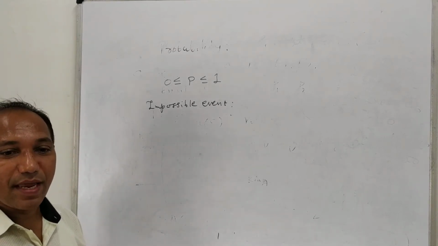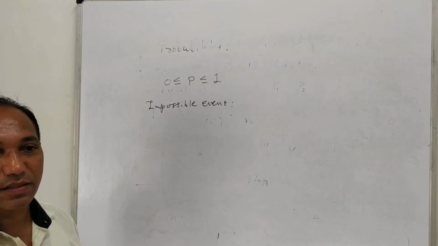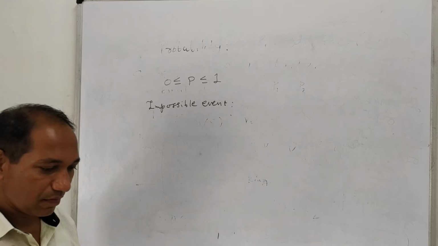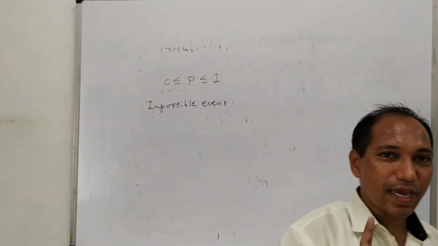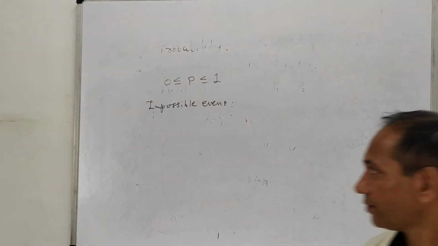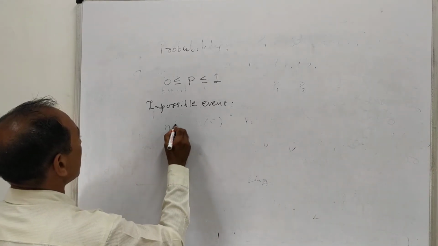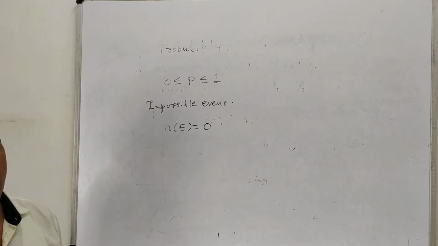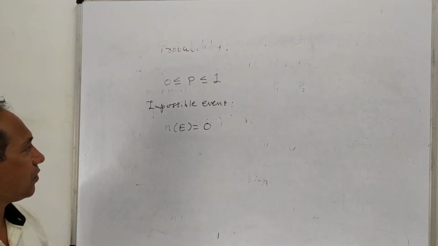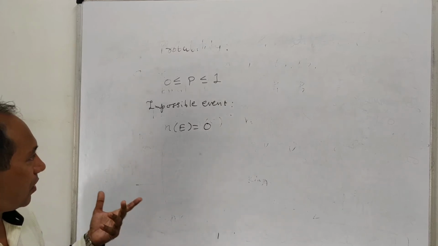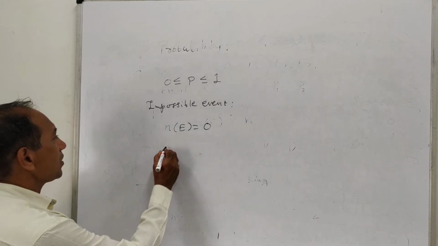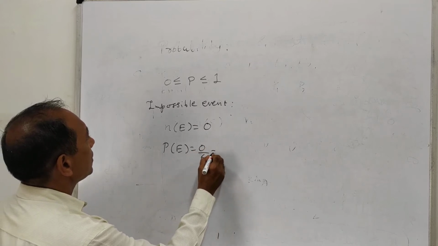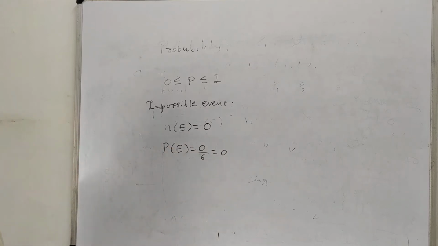But if our event is to get a number greater than 6, then we know that the number of elements in the event E will be 0 because the die contains the numbers from 1 to 6 only, so we cannot get any number which is greater than 6. So in this case, the probability of the event E will be 0 by 6. That means 0. And this event is known as an impossible event.